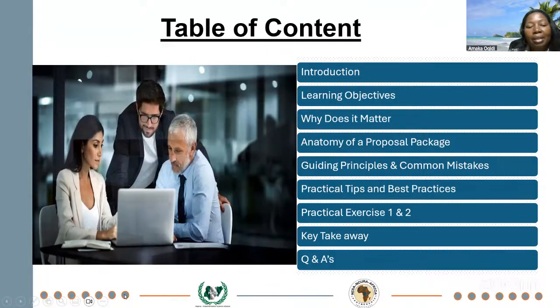So, this is what we intend to look at today. This is our table of contents. As we move along, like our facilitator had said, if you've not taken the pre-test, please take a minute to fill it out, so that at the end of today you will be happy to say, this is actually what we said we were going to learn.